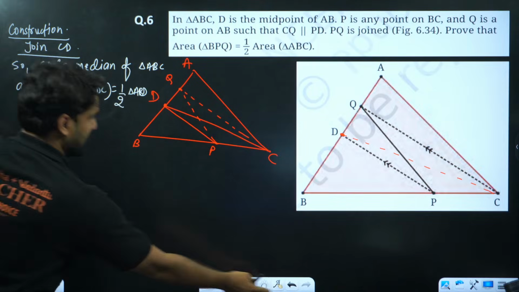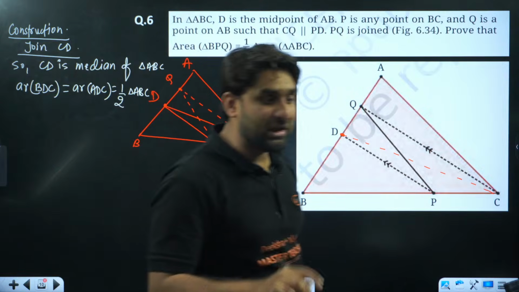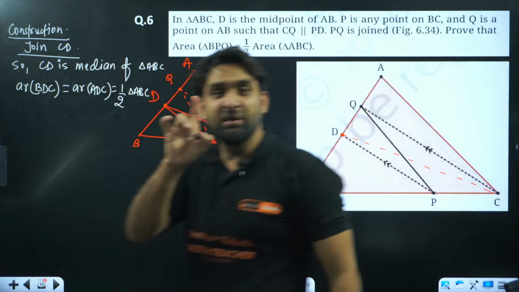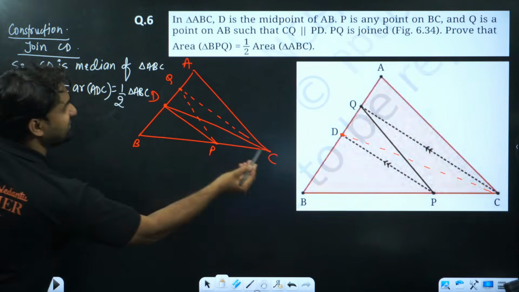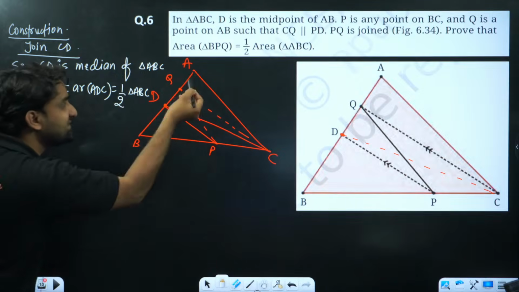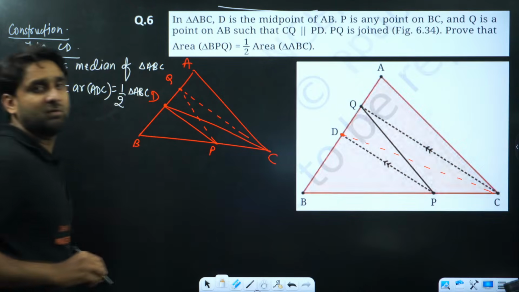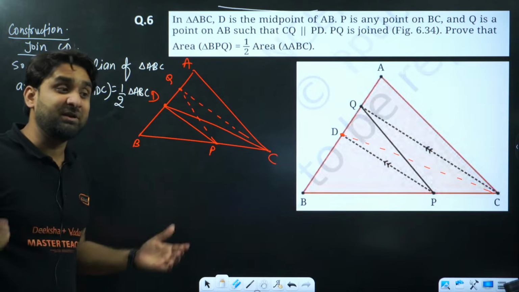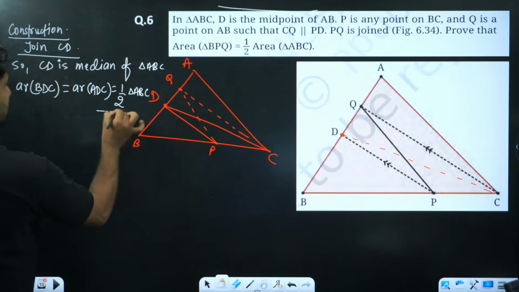I hope this is clear to you all. The median divides a triangle into two equal parts. We have joined CD, so CD has become the median because D is the midpoint. It is mentioned here that D is the midpoint. Clear? So let's write here.